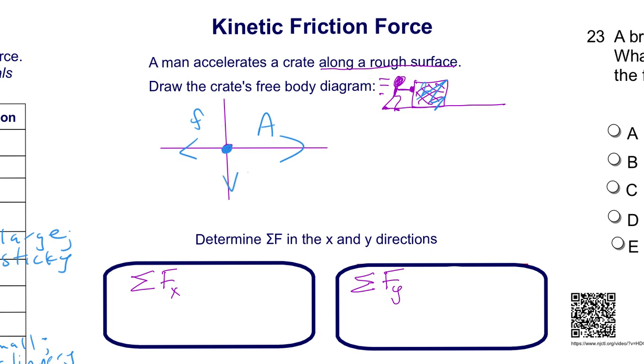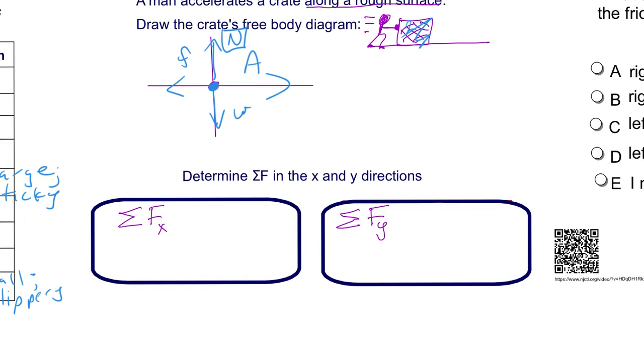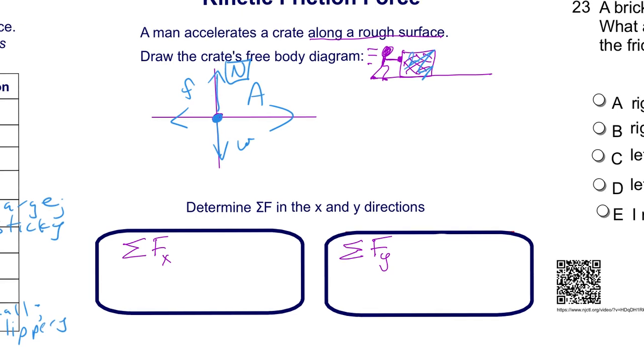Then we've got the weight. And then we've got the normal force being the same size as the weight. Okay, so this is my free body diagram. Now, determine the net force in the X and Y directions.